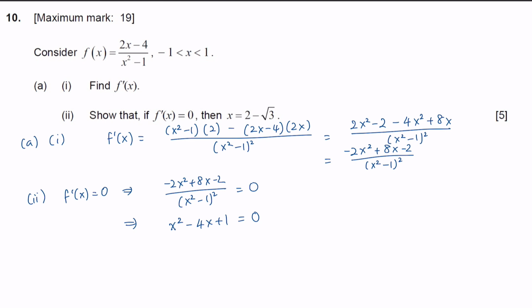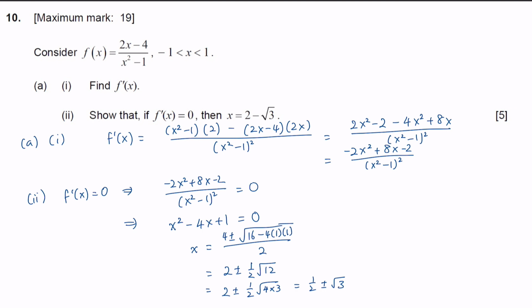Now I can use the quadratic formula. So x is equal to minus b plus minus root of b squared minus 4ac over 2a. And so that gives me 2 plus minus half root of 12, which is 2 plus minus, 12 is 4 times 3, so half times 2 root 3, 2 plus minus root 3.